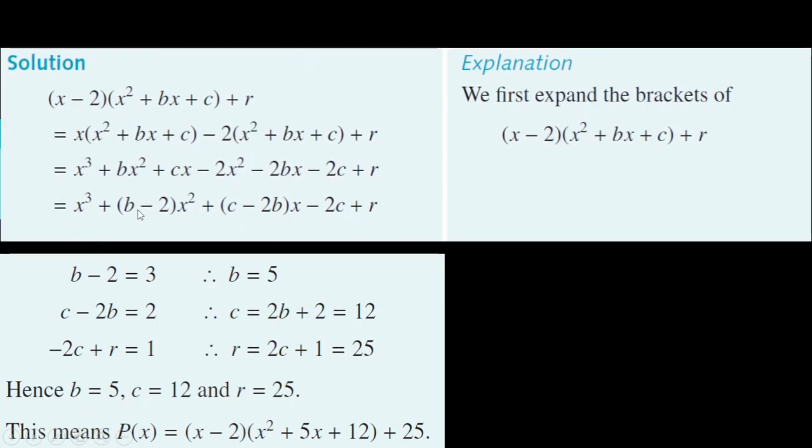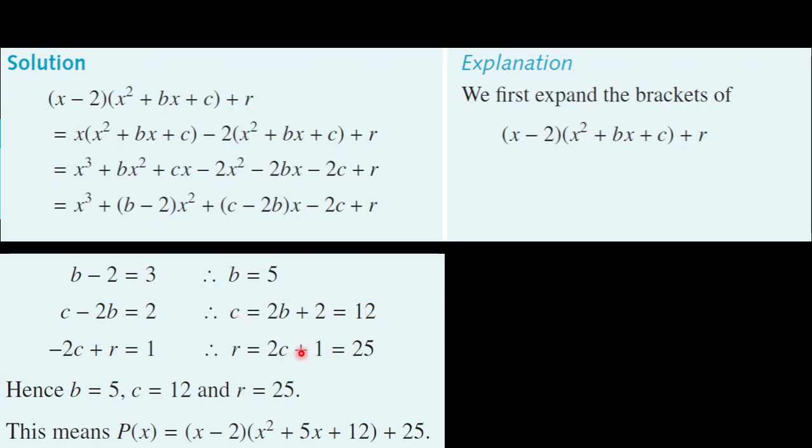The first term is 1, but the second term, b minus 2, needs to be equal to 3. This one needs to be equal to 2, and that's the constant one, so negative 2c plus r has to be equal to 1. The first equation gives us the value of b. We substitute in the second equation, that gives us the value of c.